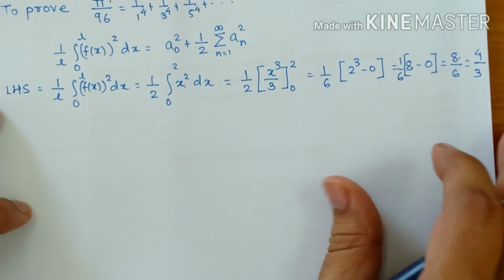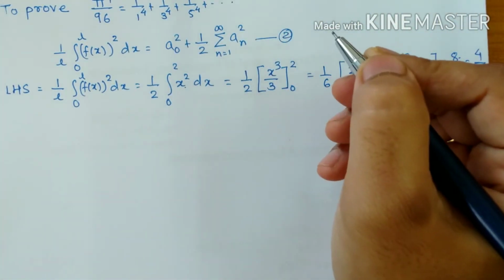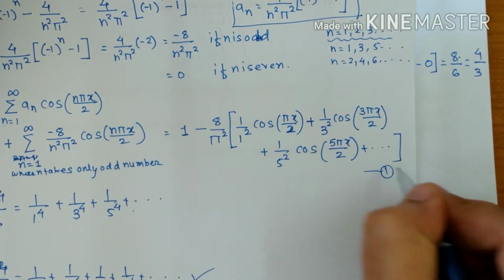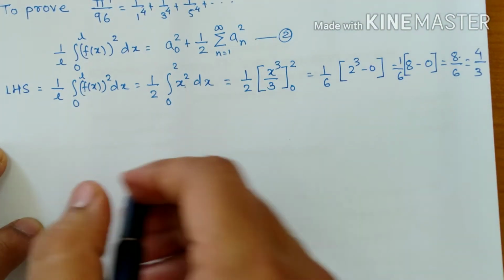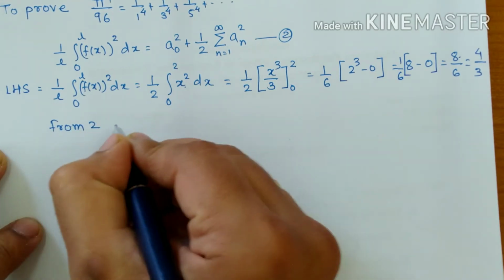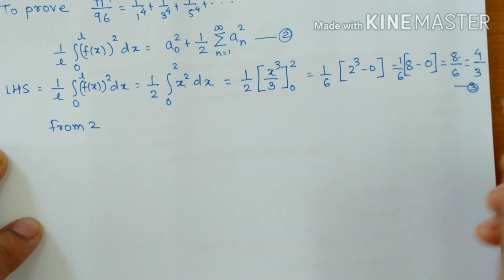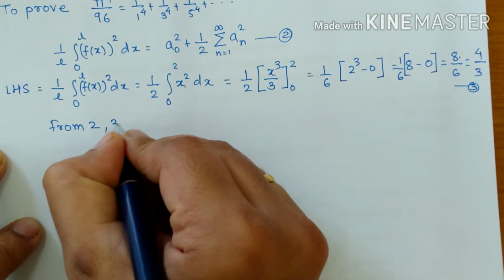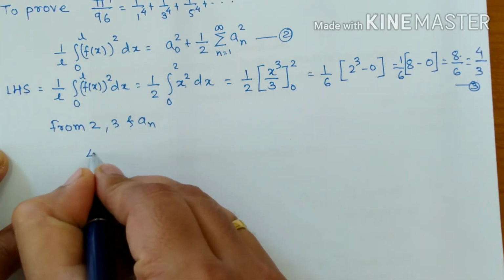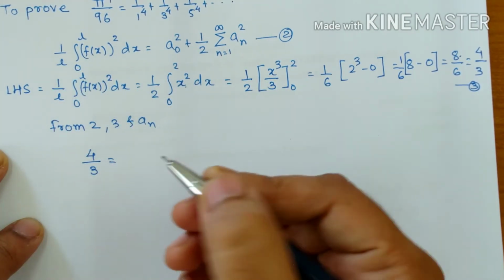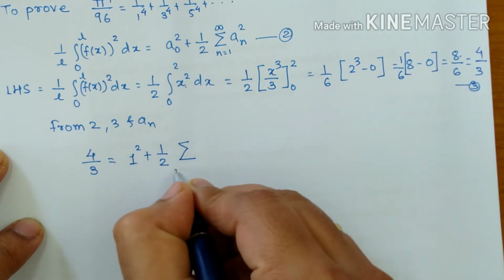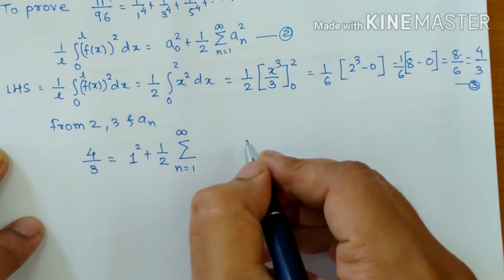Therefore, I call this equation number 2. That Fourier series expansion which we obtained here will be called number 1. Now, substitute these values in 2. So from 2 we get, we call this 3, and from the value of an, what we get? LHS 4 by 3 is equal to a naught square, that is 1 square, plus 1 by 2 summation n runs from 1 to infinity an square.